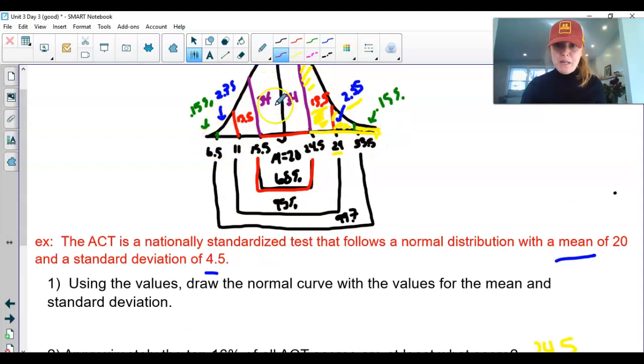Higher than 15.5, if I add up all these scores, again, a big percentage. Higher than 20, a big percentage. Higher than 24.5, we already figured out, that's 16%. But higher than a score of 29, well, that's 2.35 plus 0.15. Together, that gives me 2.5%.